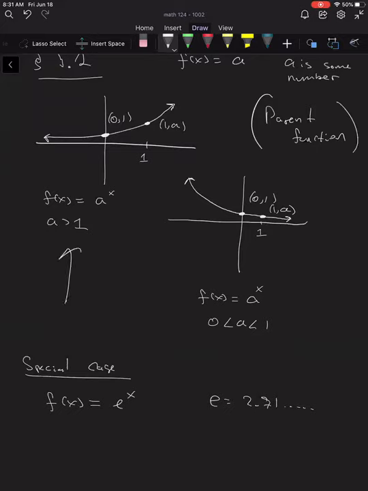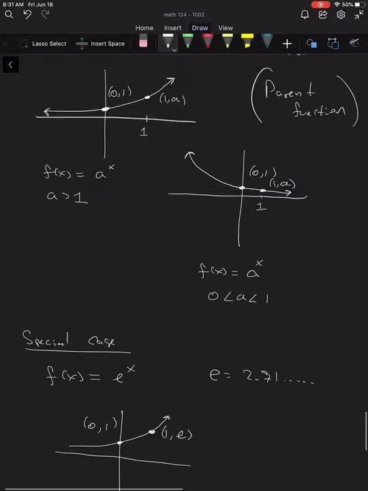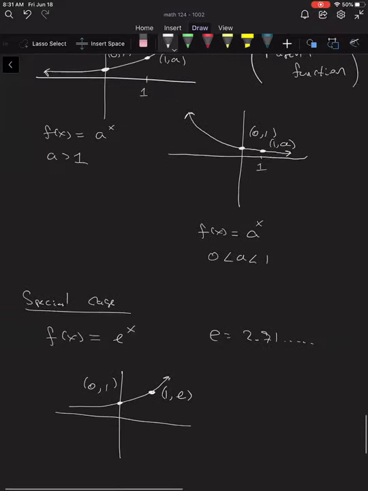So the graph is going to look like this one over here. What e to the x looks like, it moves up like this. It's got the point 0, 1, and it has the point 1 comma e. Before we had the point 1 comma a, but now a is equal to e. So we have 1 comma e.